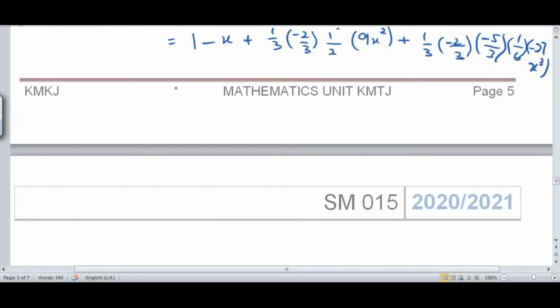So now from this you will get 1 minus x.